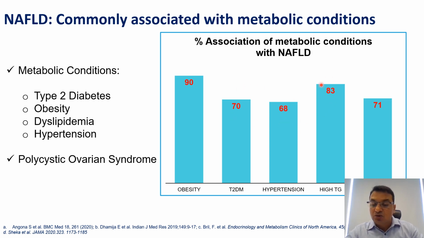Patients having atherogenic dyslipidemia like high TG and low HDL, around 80% of those people will be suffering from non-alcoholic fatty liver disease. Now, the more the number of metabolic features, the more the probability of having non-alcoholic fatty liver disease.